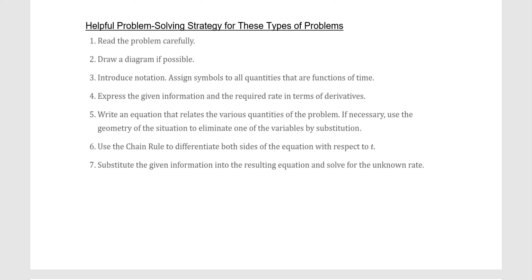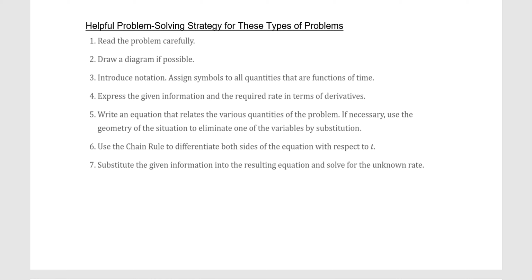Then you're going to want to express the given information and the required rate in terms of derivatives, and then write an equation that relates the various quantities of the problem. Sometimes we're going to have equations like volume equations, things that you can just look up or things that you might know. Sometimes you might have something like the Pythagorean theorem.